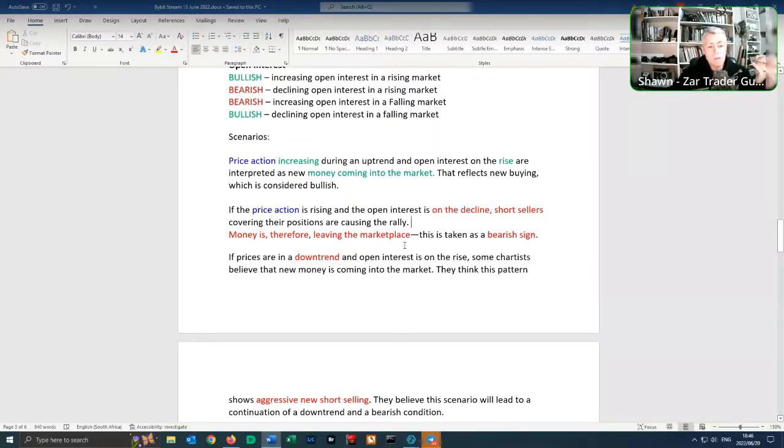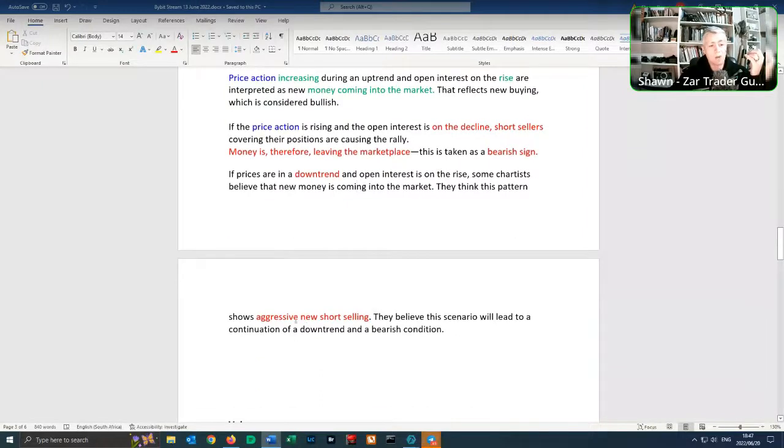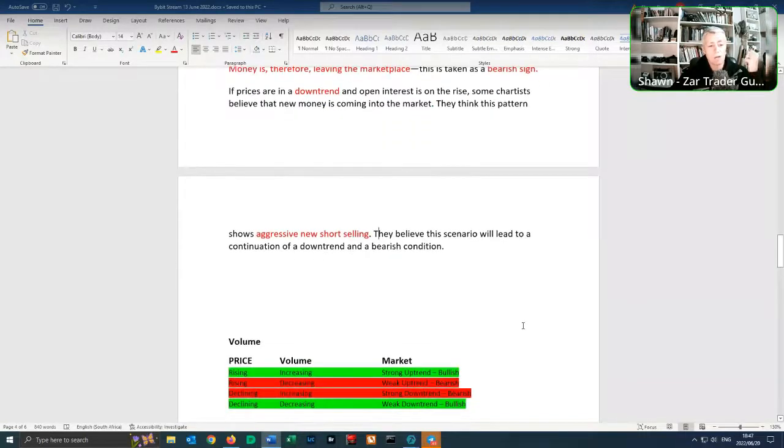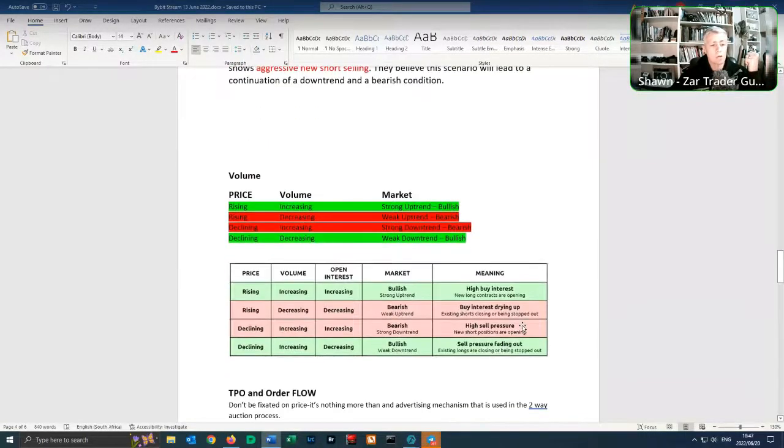Money is therefore leaving the marketplace, and this is taken as a bearish sign. If prices are in a downtrend and open interest is on a rise, some chartists believe that new money is coming into the market. They think that this pattern shows aggressive new short selling, and they believe that this scenario will lead to a continuation of a downtrend in bearish condition.